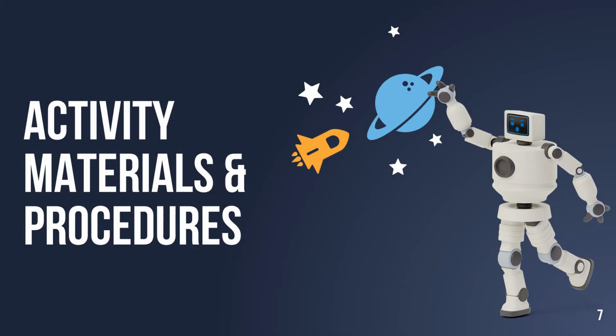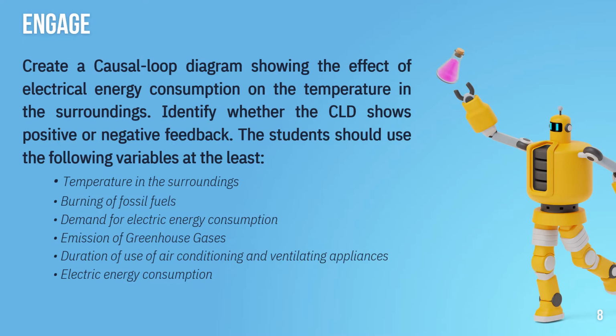Let us now go to the activity, materials, and procedures. The first model will be shown in the engage part. The students will be asked to create a causal loop diagram showing the effect of electrical energy consumption on the temperature in the surroundings. Identify whether the CLD shows a positive or a negative feedback.